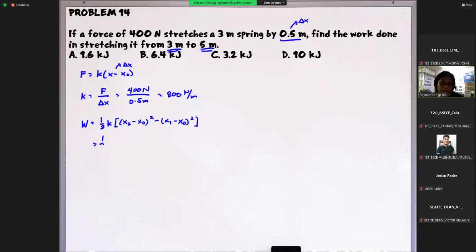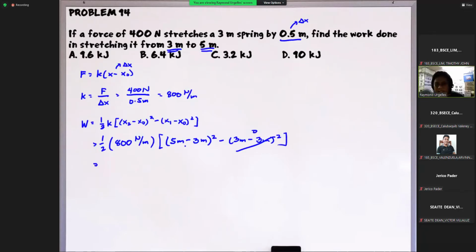So we have 1/2 times 800 Newton per meter multiplied by, our x2 here is 5 meters minus original length 3 meters squared, minus 3 meters, original length is 3 meters, squared. So then this is 0. So what comes out is just equal to 3,200.